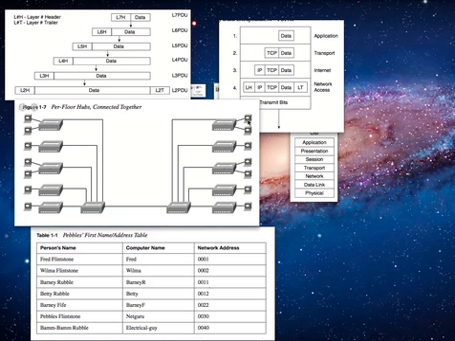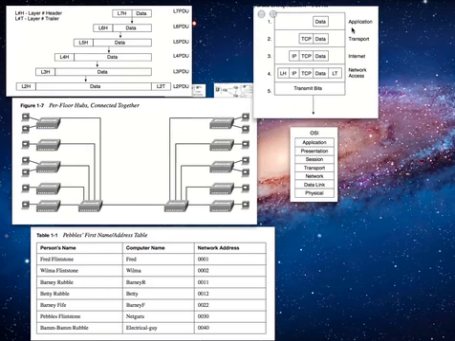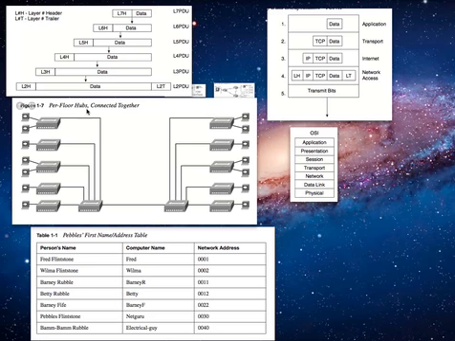The first time he sent out this message, he had a destination address of 0002 and a return address, or source address, of himself as 0001. So only she will pay attention to it.